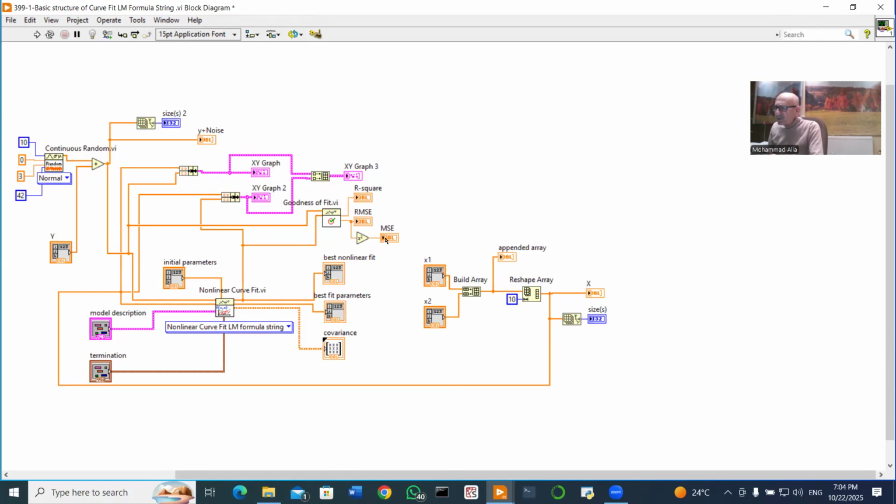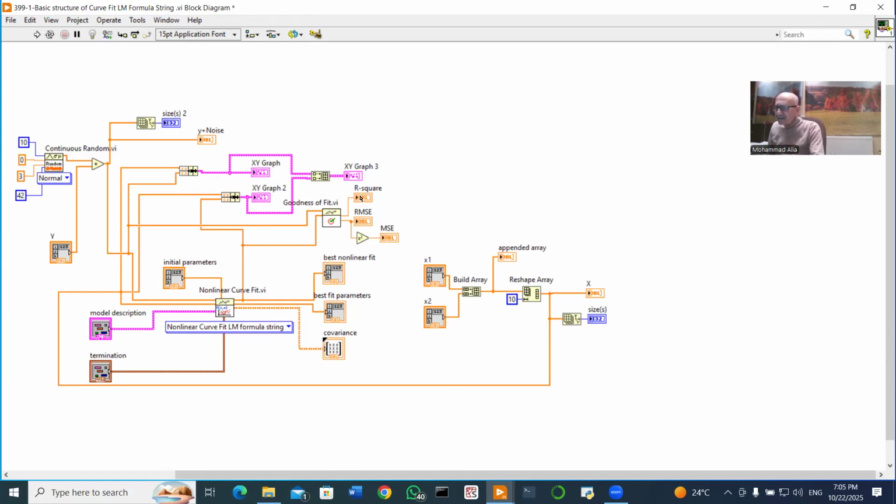At the output, you will get the mean square error or the root mean square error and the R squared. Remember, R squared, we said when there is a very good quality, goodness of fitting, it is close to 1. If it is very bad, it is close to 0. In between, it gives you maybe acceptable or non-acceptable values.